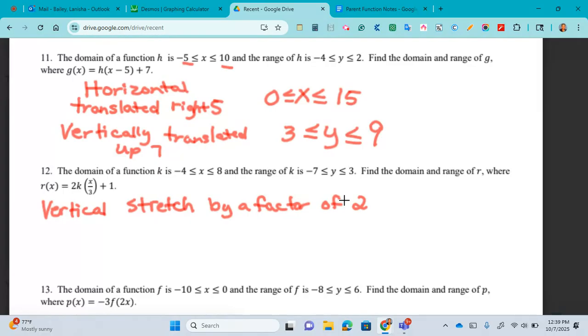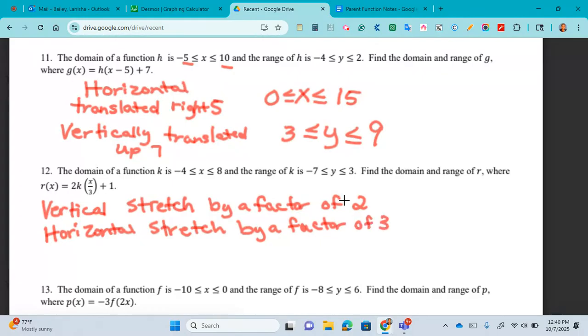That 3 under the x, I could move the x out and make it a what? 1/3. We know that the x is the opposite, so it's 3. And when we're dealing with our x, we're dealing with a horizontal stretch by a factor of what? 3.